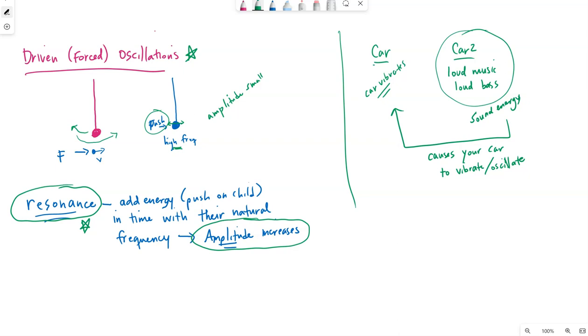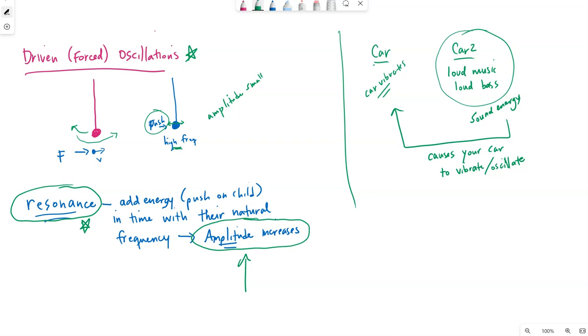Earthquake codes in building bridges and buildings is to change the natural frequency of a bridge or a building, and thus making it different enough from the earthquake waves and minimizing the amplitude, making it not reach a resonance.